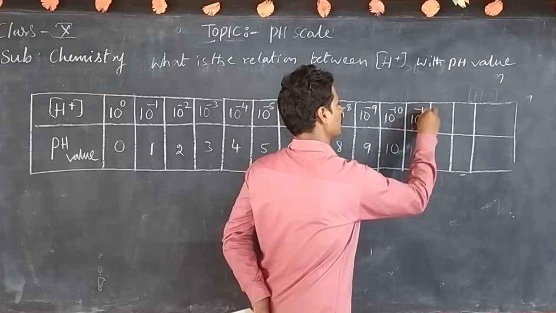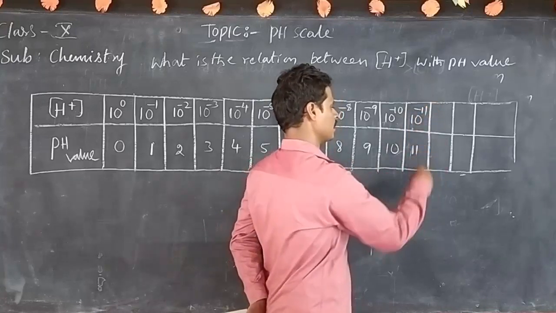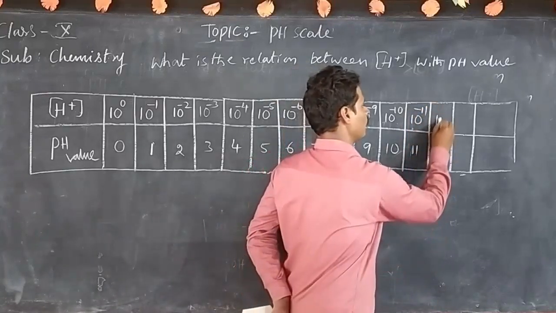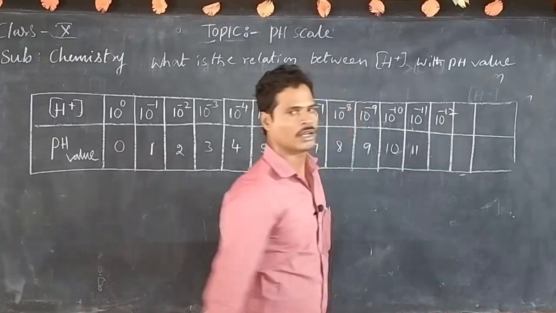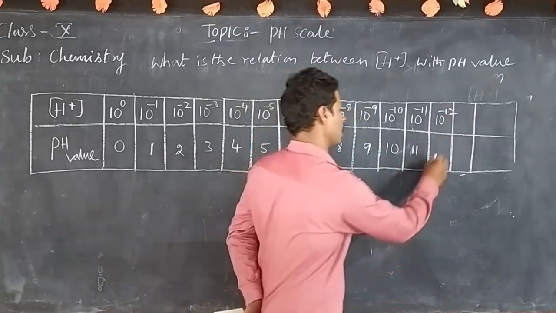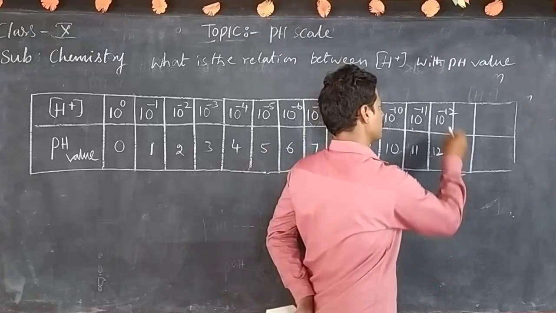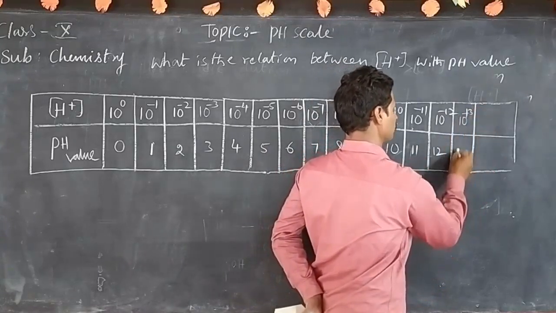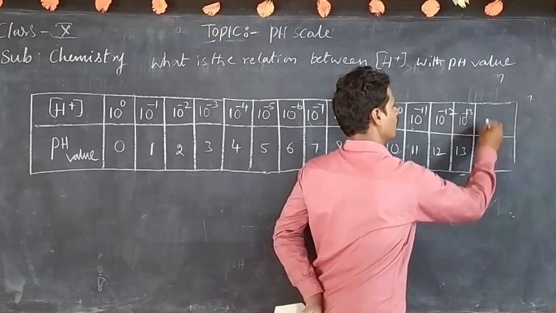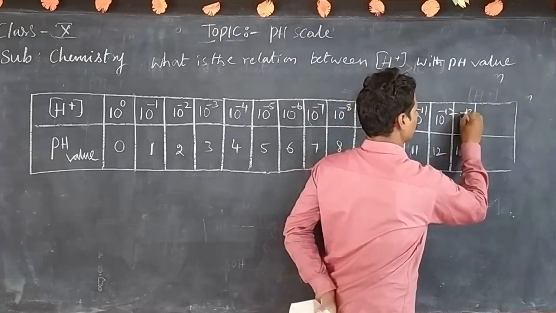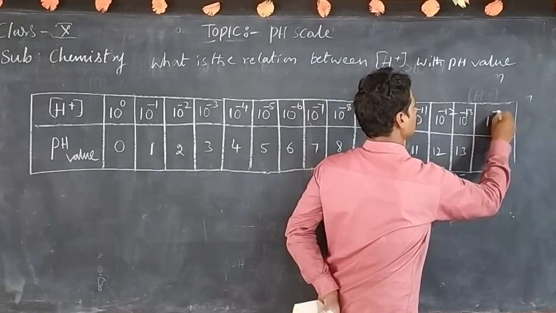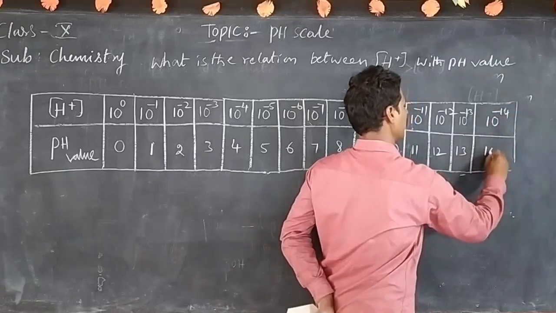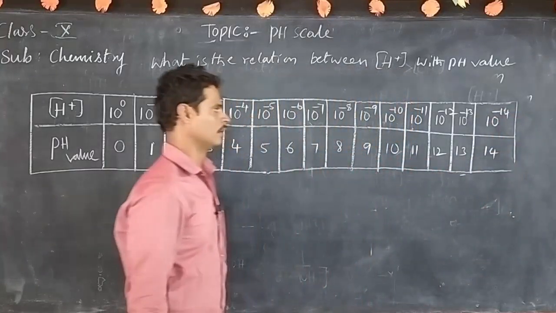H plus ion concentration 10 to the power minus 11, pH value is 11. 10 to the power minus 12 H plus ion concentration, what is the pH value? 12. Next, H plus ion concentration 10 to the power minus 13, 13. H plus ion concentration 10 to the power minus 14, pH value is 14.